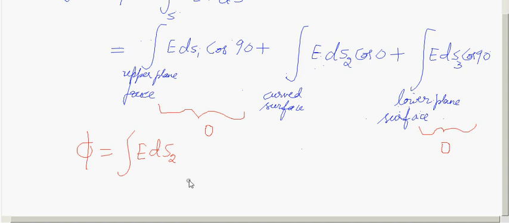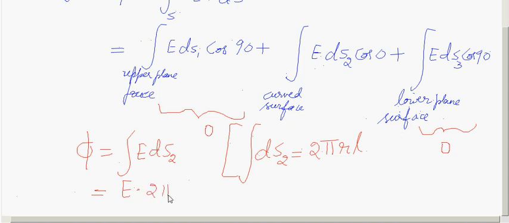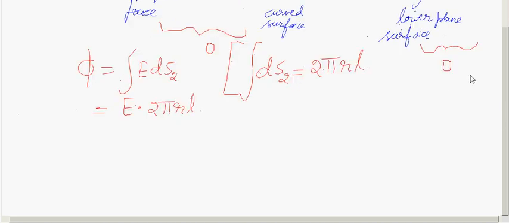So the integration of ds2 is 2 pi RL. That is the surface area. And the magnitude of E is the same. So I can write E into 2 pi RL. And the flux we have calculated is E into 2 pi RL.